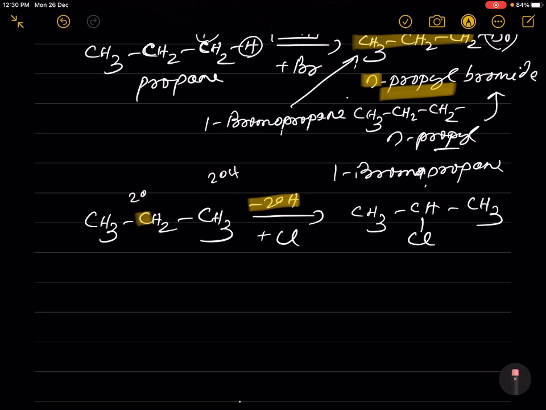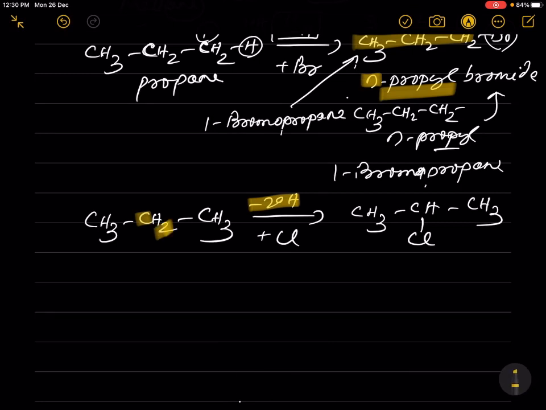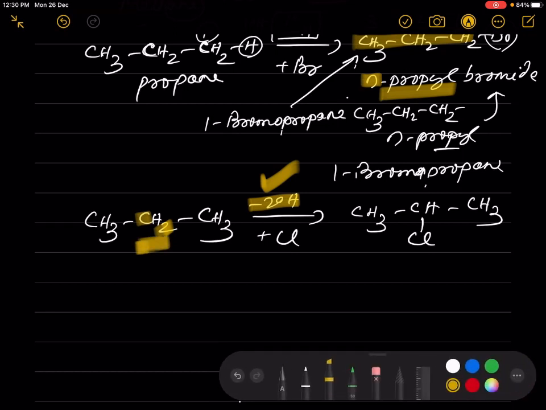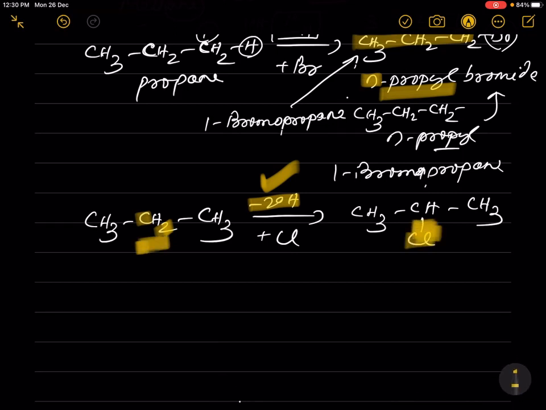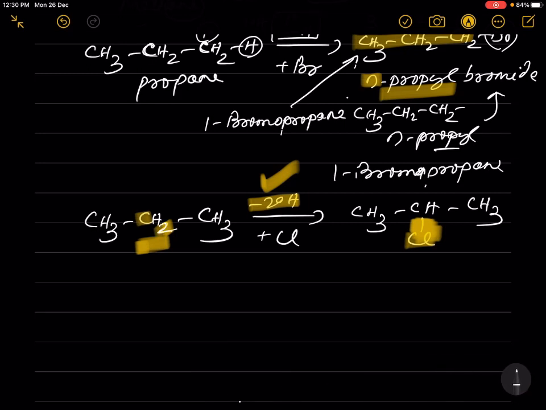Now we are going to remove this secondary hydrogen atom. Here we have removed the secondary hydrogen atom. There are two secondary hydrogen atoms, but we have removed one. Here it is written 2, but here it is 1.